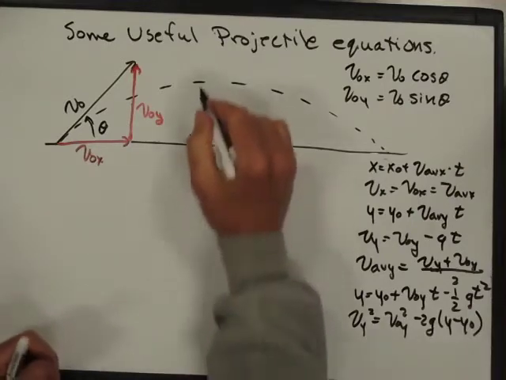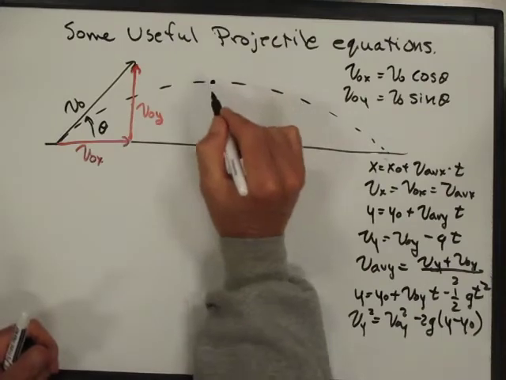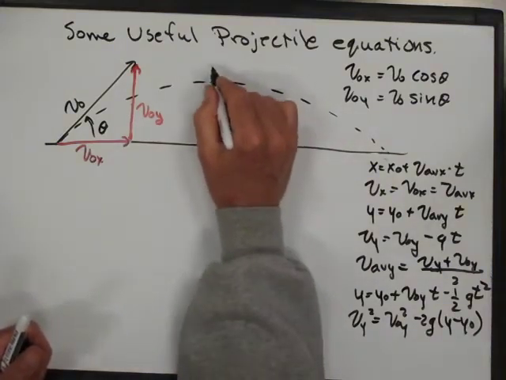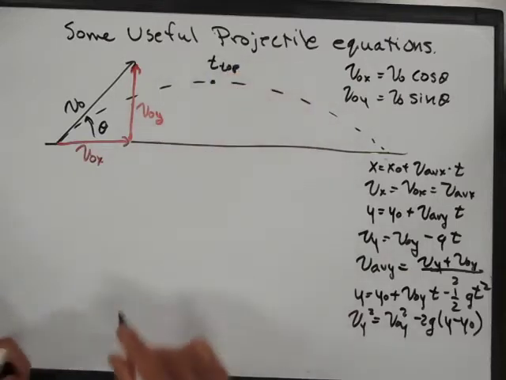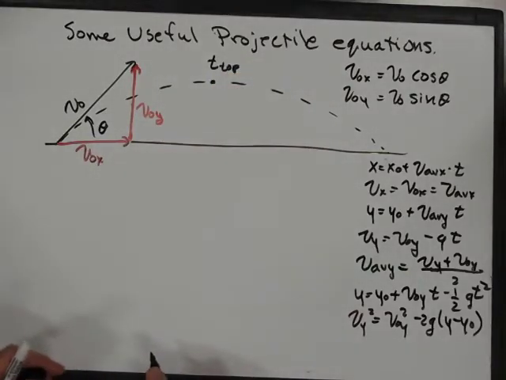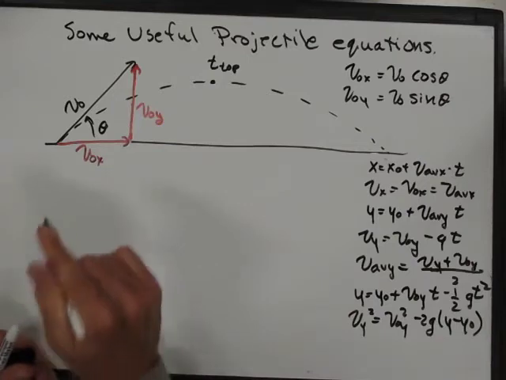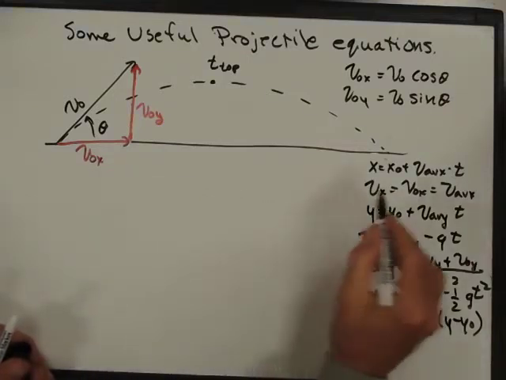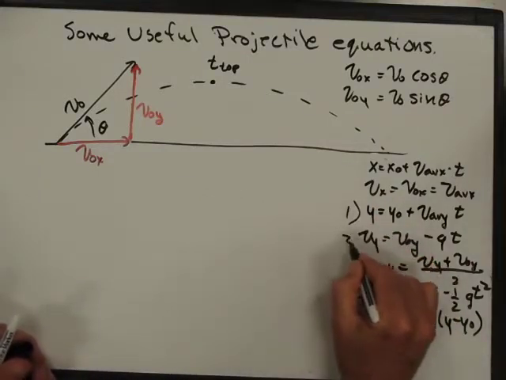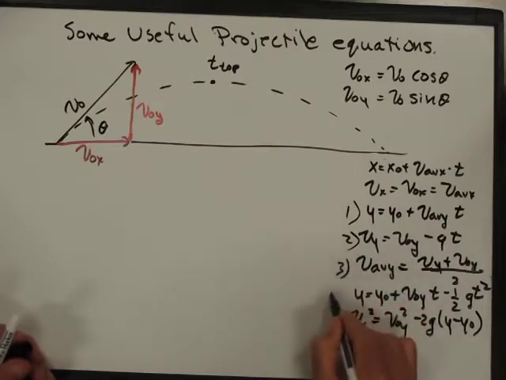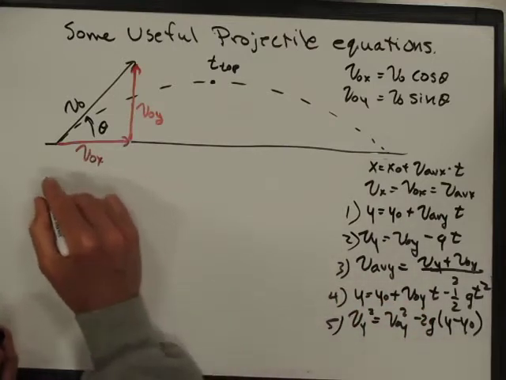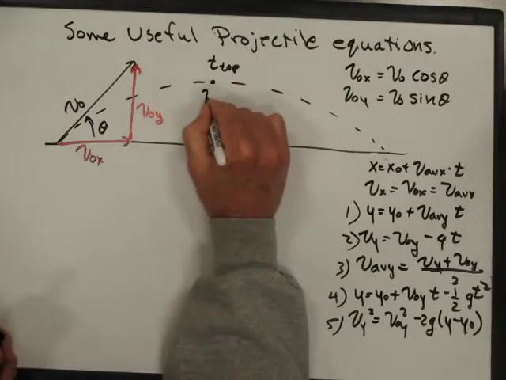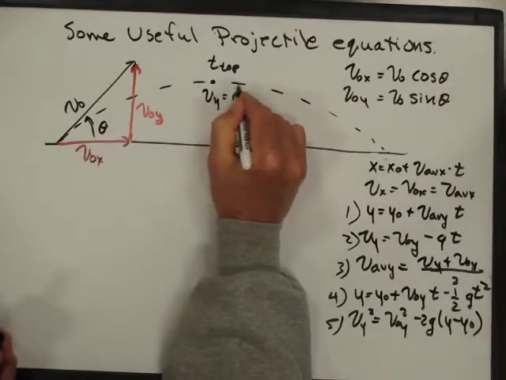And so I'm going to ask a few questions that I know we can determine the answer to. This is the time at the top, and that's the first question we want to answer. How long does it take to get to the top? Well, if we grab equation 2 here, so this is 1, 2, 3, 4, 5. Then if we grab equation 2, v at the top is 0.